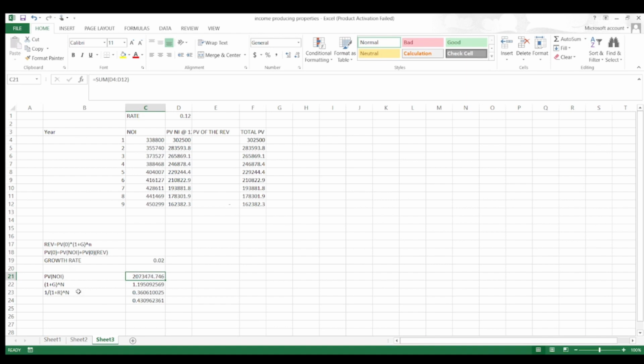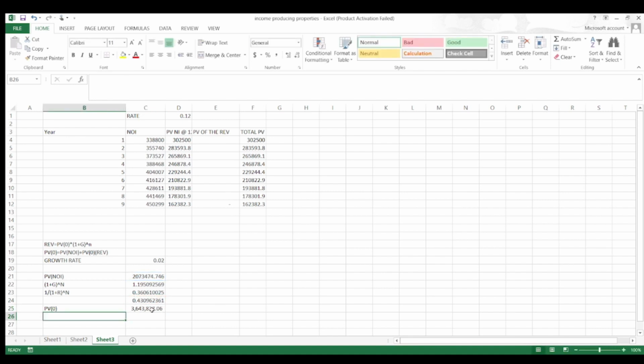plus 0.43 multiplied by the present value at time 0. So for us to get the present value at time 0, we'll simply divide this, which is the present value of the net operating income, by 1 less 0.43.